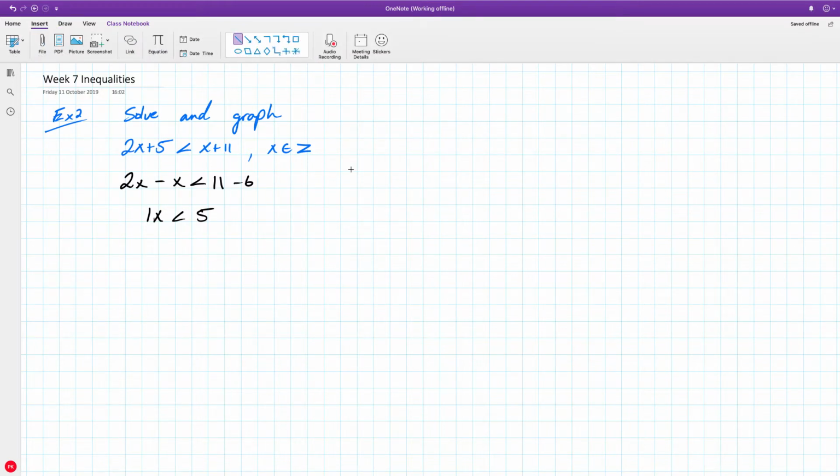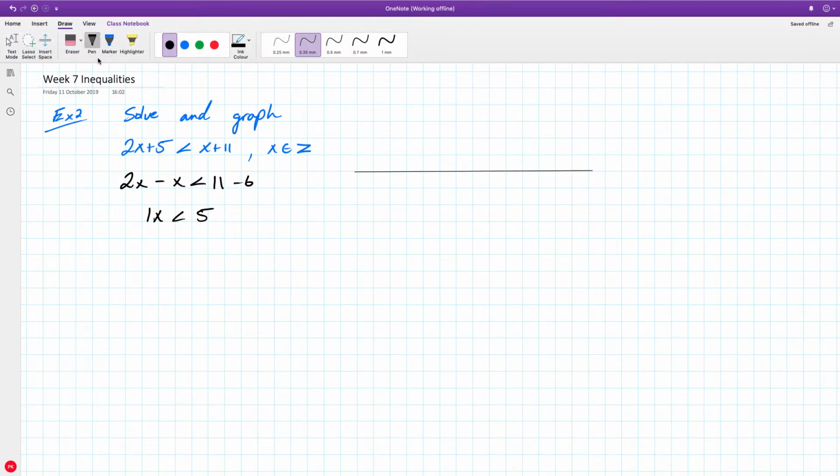So x is less than 6. Is that alright? Oh, 11 minus 5, you're right. Well spotted. Wasn't paying attention there for a second. Thank you.